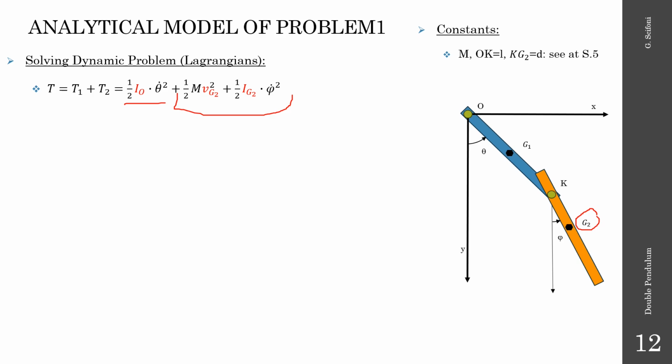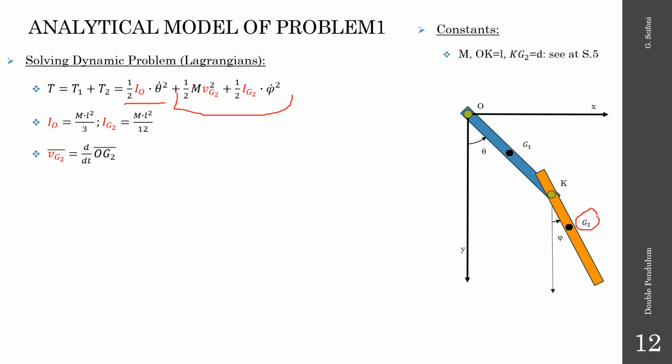The rotational has the expression 1/2 capital Ig2 into phi dot square, where capital Ig2 is the moment of inertia with respect of its center of mass. Below are the expressions of the two moments of inertia for our application.